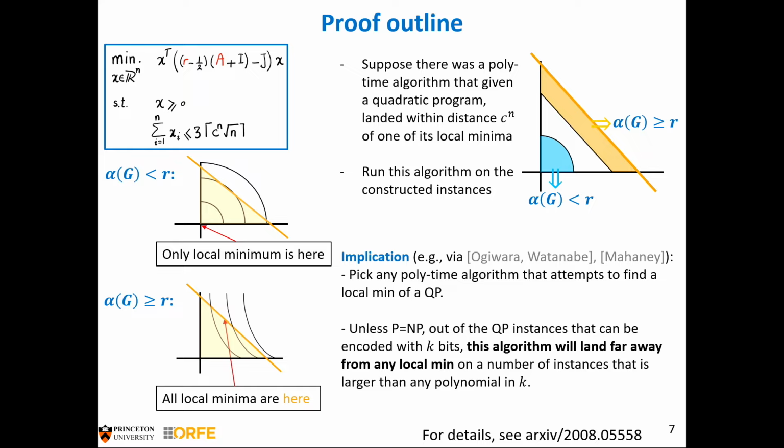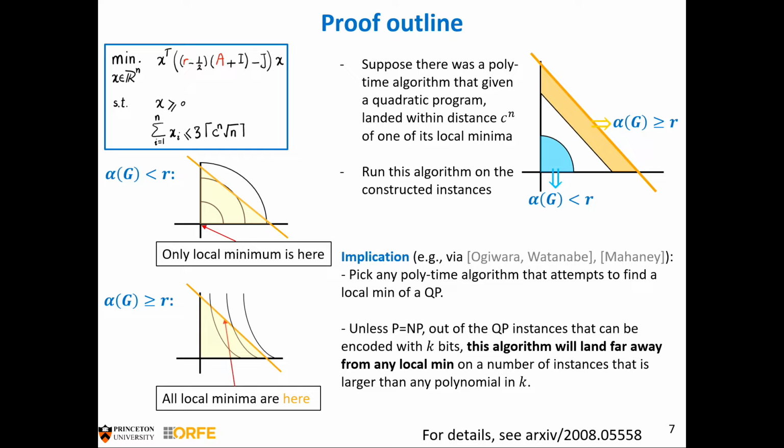And unless P equals NP, if you look at all QP instances that can be encoded with k bits, so there's 2 to the k such instances, your algorithm is going to fail, meaning it's going to land exponentially far from any local minima on a number of instances that cannot be bounded by any polynomial in k. So the number of bad instances must be super polynomial in k for any algorithm.